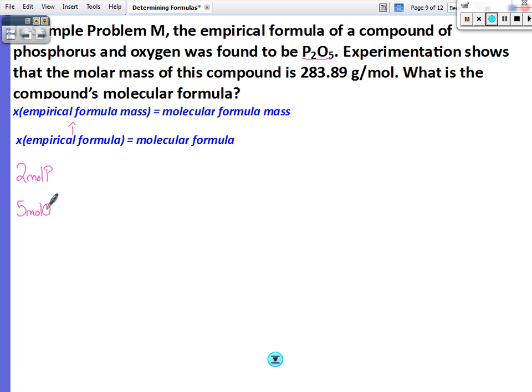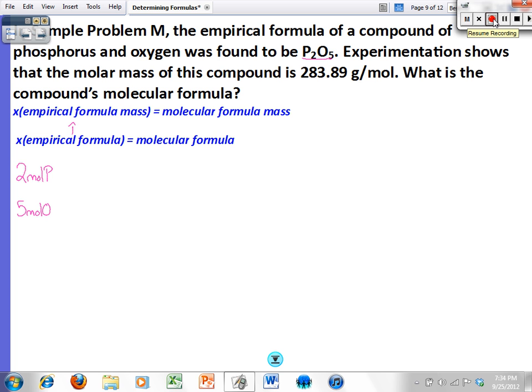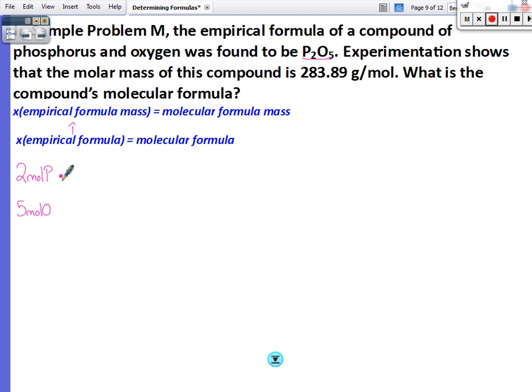Okay? You also know the AMU of phosphorus and oxygen. So if I have 2 moles of phosphorus, I'm going to multiply that by phosphorus AMU, which is 30.97 AMU. Okay? And oxygen, I know it to be 16.00 AMU. Grab those from the periodic table.